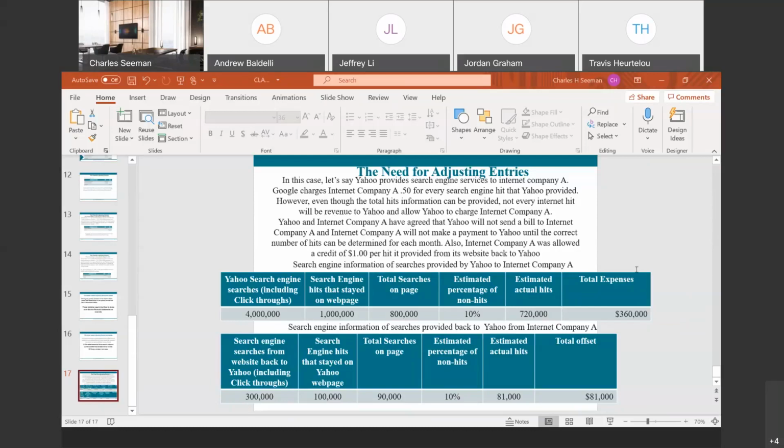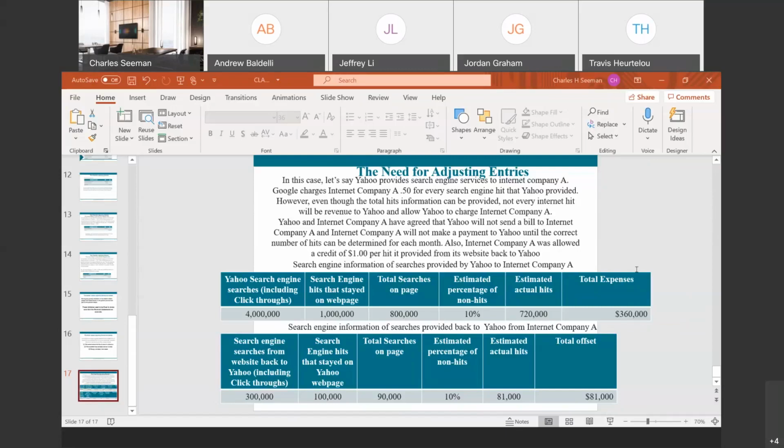Having said that, I worked for an internet company called VerticalNet. And we had an agreement with Yahoo that Yahoo was going to put us in the search engine in certain areas. And we would pay an amount based on every hit. Every time somebody typed in VerticalNet and went to our website and did certain other things.